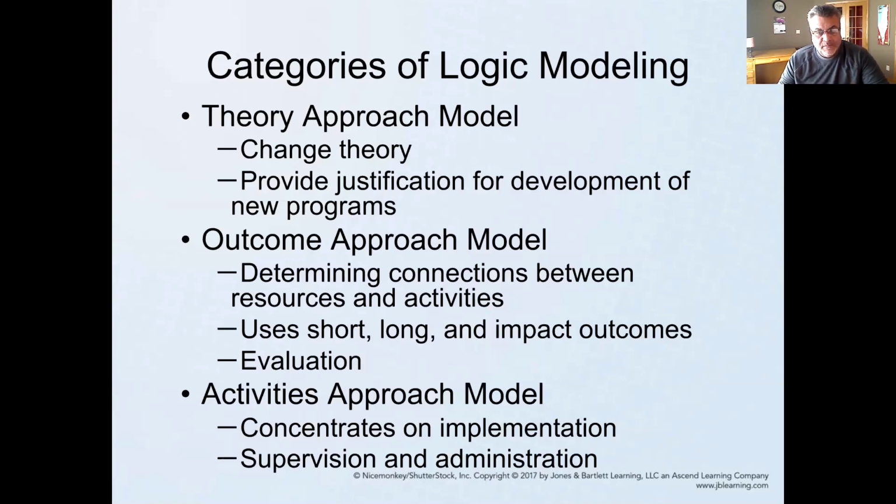It employs short and long-term impact outcomes, and it focuses on evaluation. Some problems might lend themselves more to one or the other logic modeling, but in general, as I mentioned, they are the roadmap. And there is an activities approach model, which concentrates on implementation and supervision of any project.